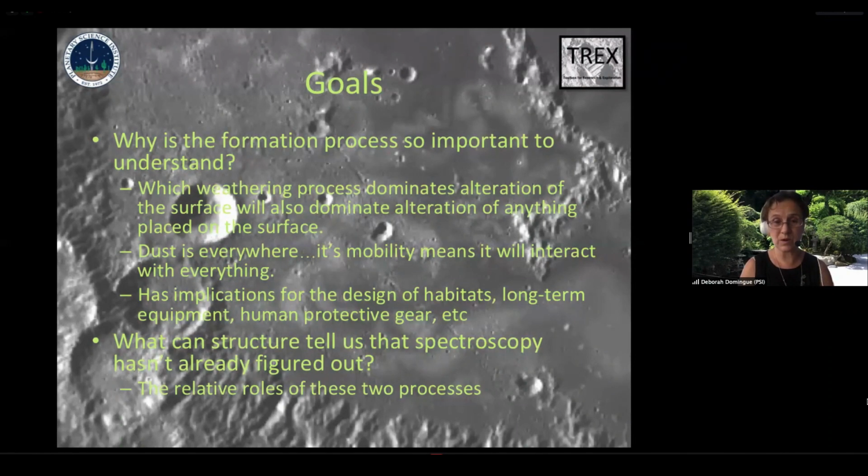It is one of those environmental issues that we're going to need to deal with. And what can the structure of the regolith tell us about these features that the spectroscopy hasn't already told us? So what are the relative roles of these two processes?